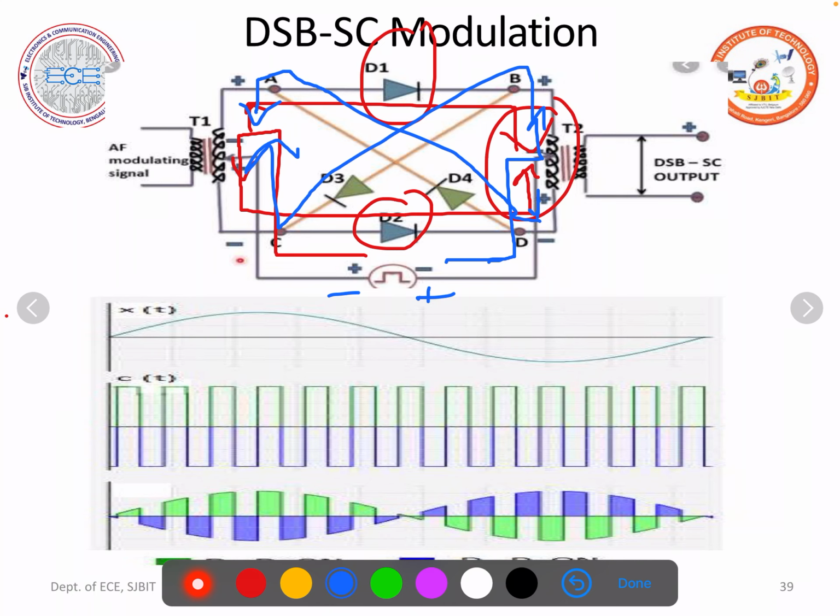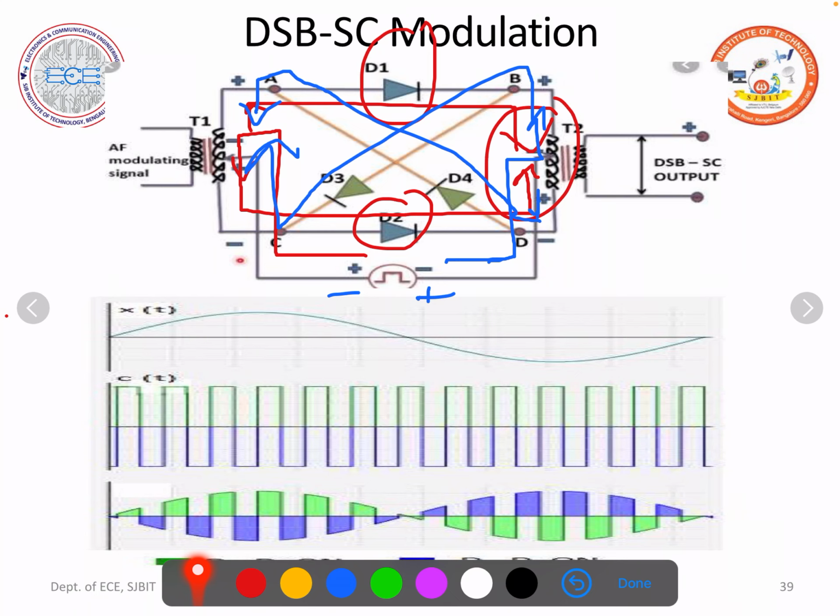The currents flowing in the upper and lower halves of the input transformer T1 are equal and opposite. So again, the magnetic fields created by these currents are equal and opposite, and they cancel each other.